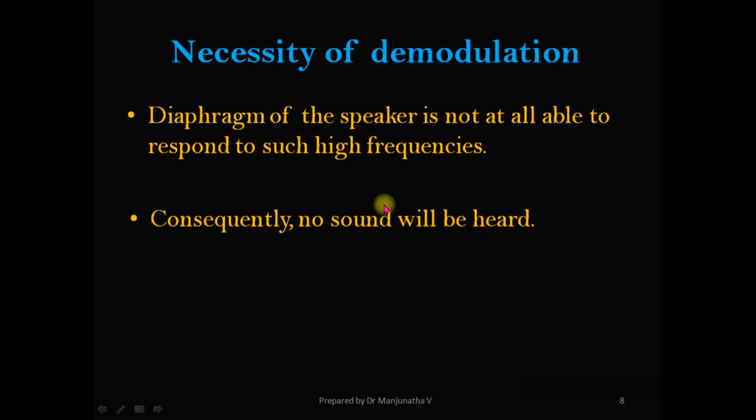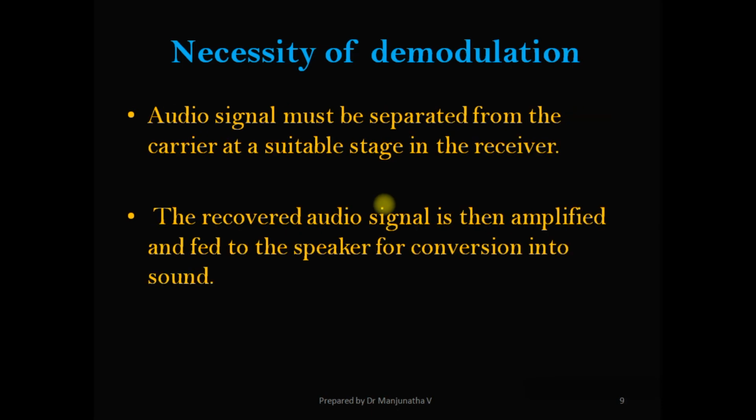Hence, no sound will be heard. For that reason, the signal must be separated from the carrier signal. The recovered audio signal is then amplified and fed to the speaker for conversion into sound.